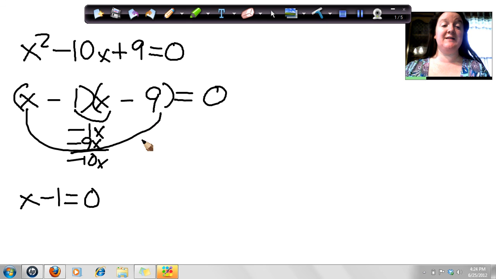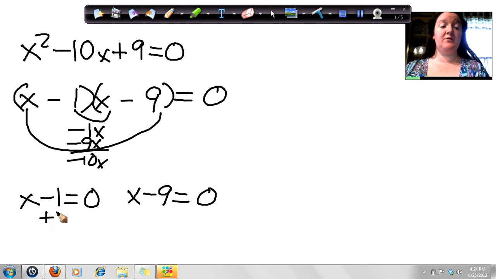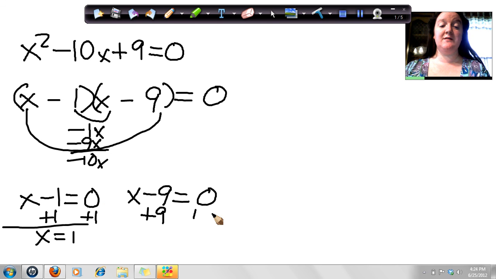And I'm going to take the second factor, x minus 9, and make it equal to 0. So now I'm going to solve both of those. Add 1 to both sides. Here I'm going to add 9 to both sides. I'm going to get x equals 9. So now I have two roots, x equals 1 and x equals 9.